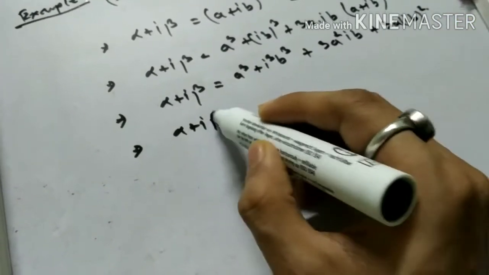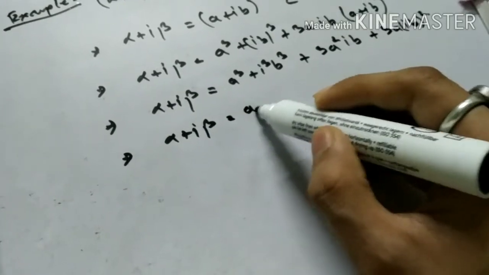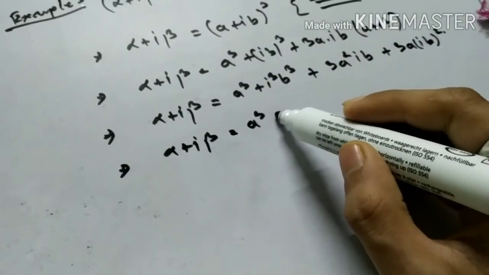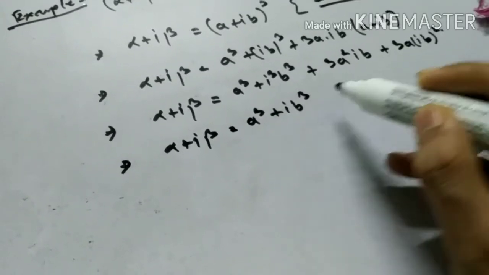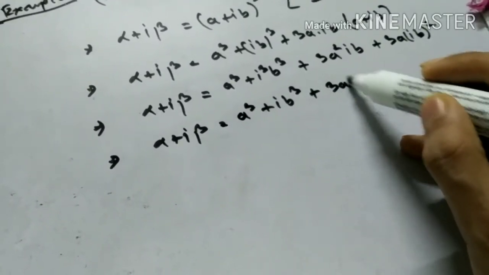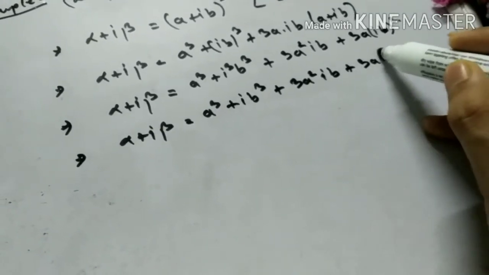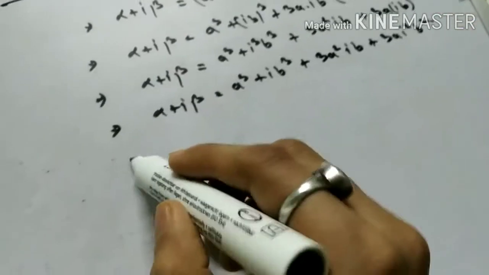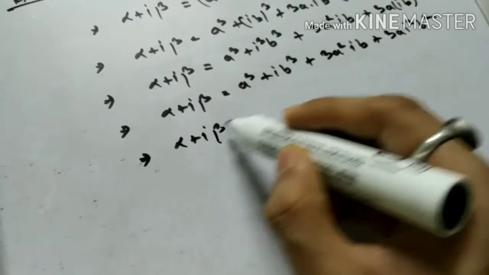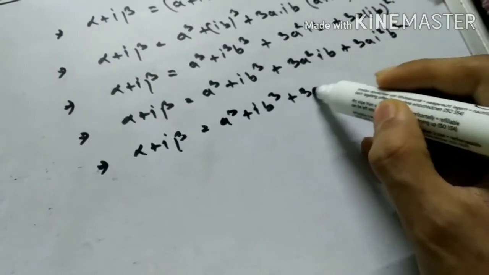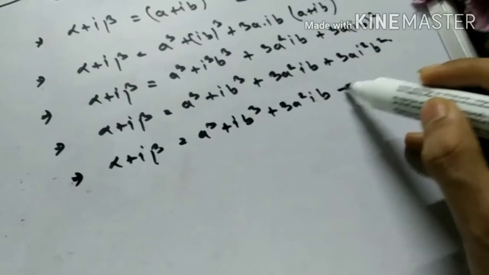So alpha plus i beta is equal to a cube plus i cube, its value is i, so i b cube, plus 3a square ib, and this becomes plus 3a i square b square. So alpha plus i beta is equal to a cube plus i b cube plus 3a square ib minus 3ab square.